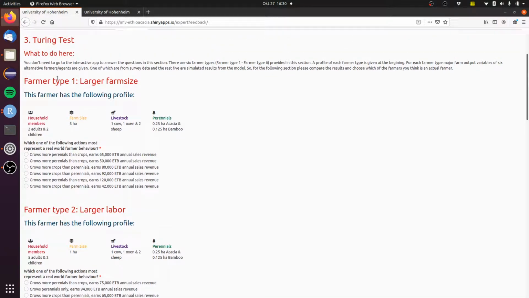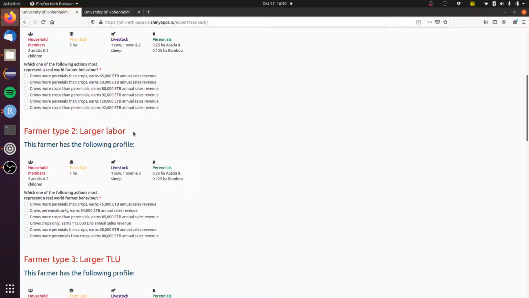So the first farmer type is the large farm size farmer type. This is a farmer which has a relatively larger farm size. The other one is with a larger labor capacity, which is relatively larger than others.